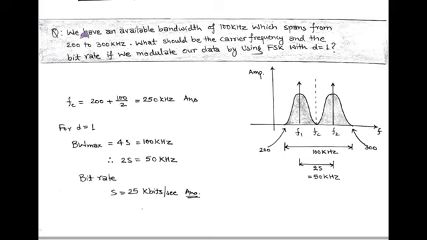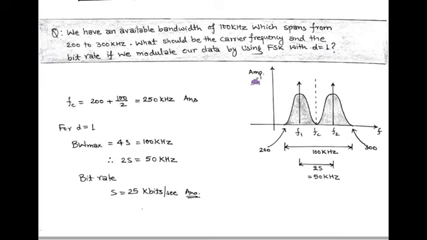In order to understand the concept of bandwidth, consider an example. Here we have an available bandwidth of 100 kHz with a span from 200 to 300 kHz, and we have to determine the carrier frequency and bit rate, if we modulate digital data using the FSK technique having filter factor d equal to 1.